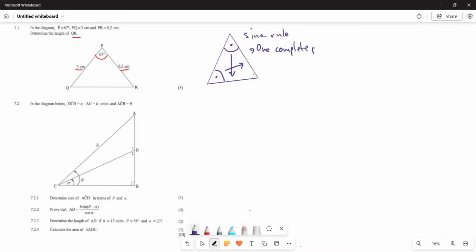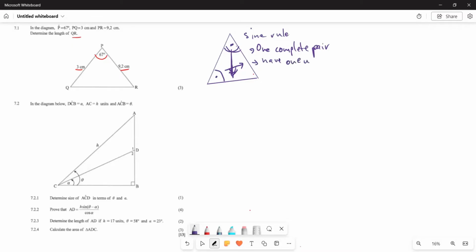When I say one complete pair, which means you have an angle here, and then you also have the length of the side opposite. And then the other one, you must at least have one unknown of the pair.